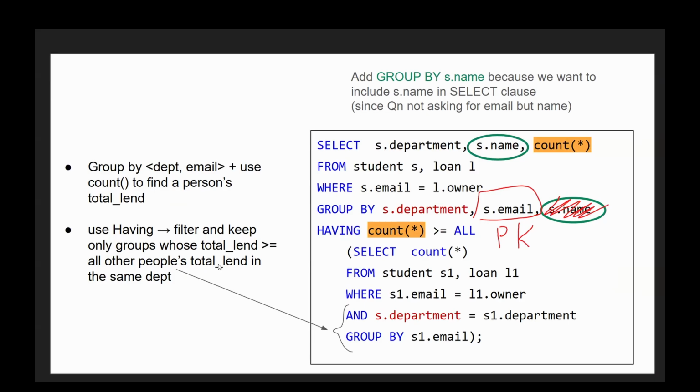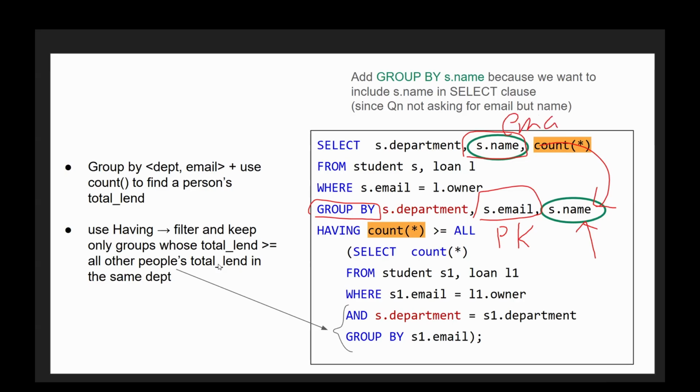But why do we need s.name here? The reason is that our select clause needs it. If we want s.name in a group by query, we have to include it in our group by clause. That's the main reason why we are adding s.name here. If we don't need s.name, let's say we need only s.email.